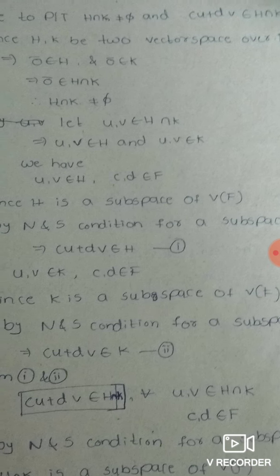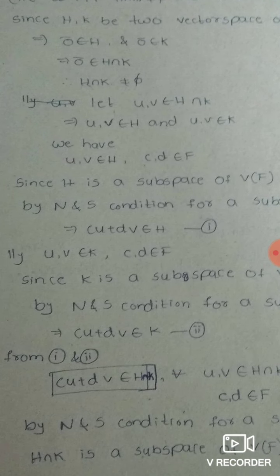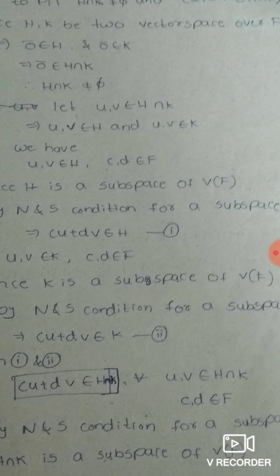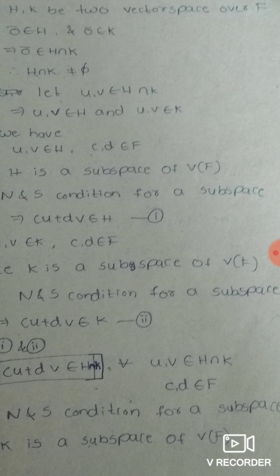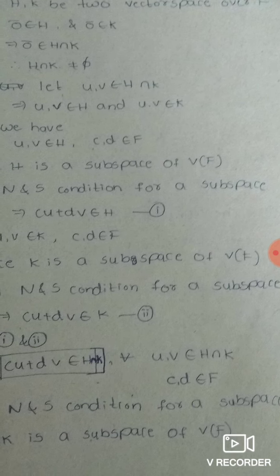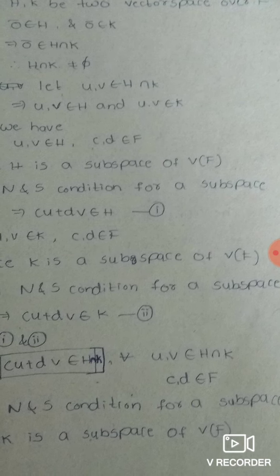Similarly, u, v belong to K and c, d belong to F. Since K is a subspace of V(F), by the necessary and sufficient condition for a subspace, cu + dv belongs to K. This is equation 2.